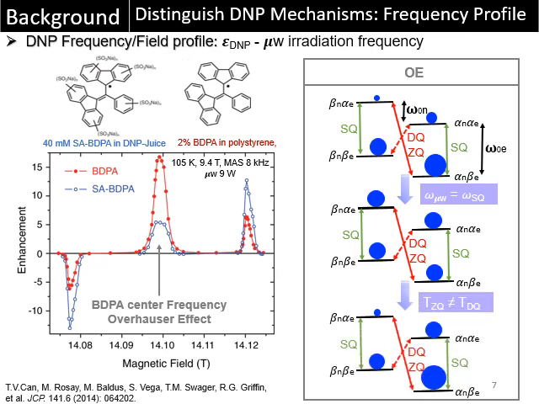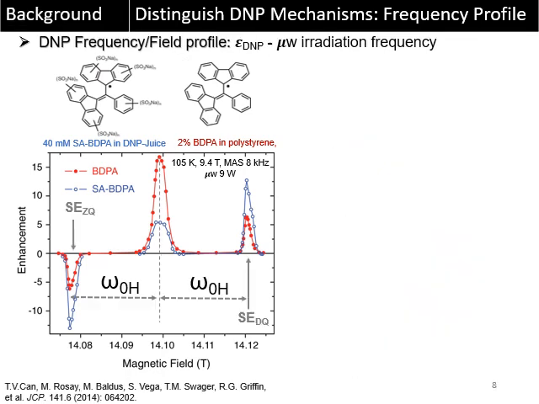If the cross-relaxation rates are different, it will reach a new quasi-equilibrium state where the polarization is increased. And that's why the enhancement at the BDPA center frequency is assigned as the Overhauser effect.